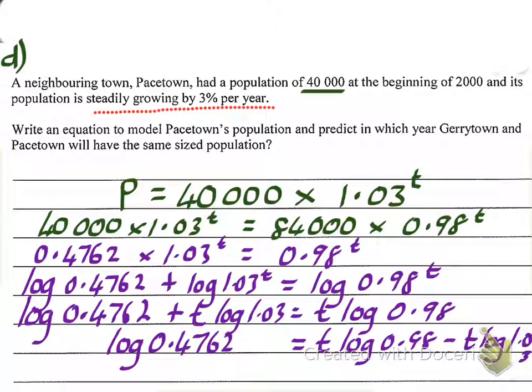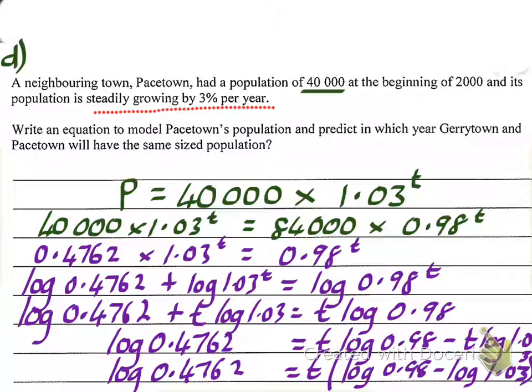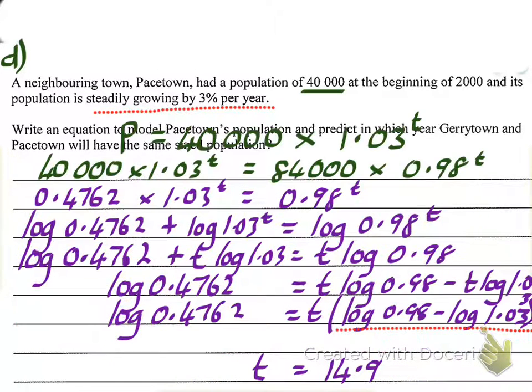Factorize t from the right hand side, and the final step to isolate t is to divide the left hand side by this expression. So in 14.9 years after 2000 you have both towns having the same population, so that's about the time 2015.